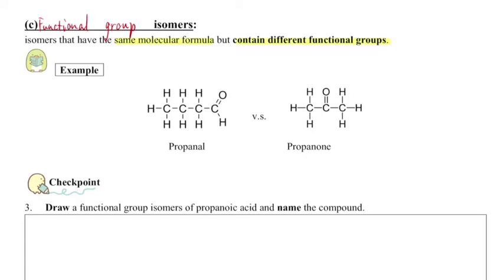So here, an example. On the left hand side, we have the carbonyl group attached at the end, so that's propanal. But on the right hand side, we have the carbonyl group attached in the middle of the carbon chain, so that's propanone. Okay, so they have different functional groups, but again, the same molecular formula.